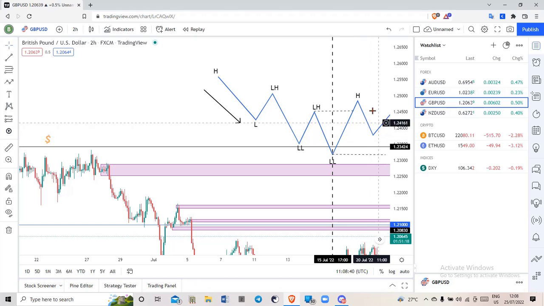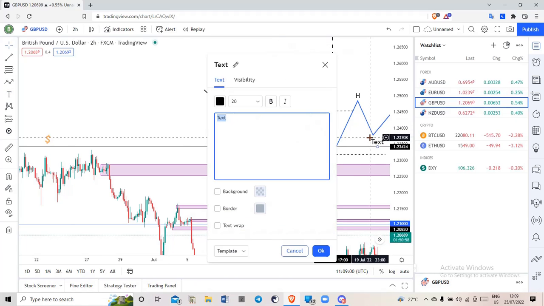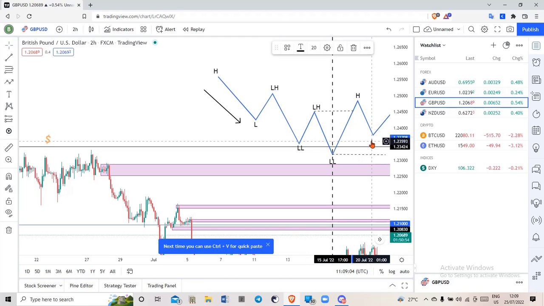But then what happened is that it got to a particular area, found itself a support, and started going up, which is a little bit higher than this. So we can call this a low, removing one of the L's. Please listen attentively. We can call this a low.